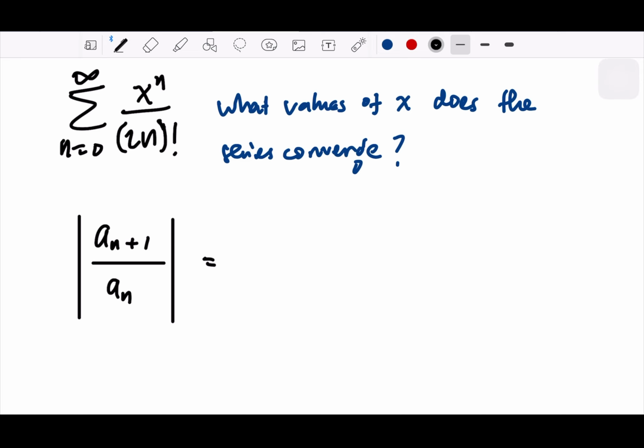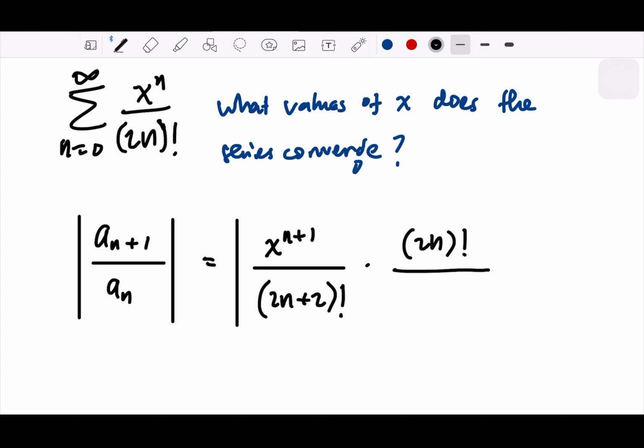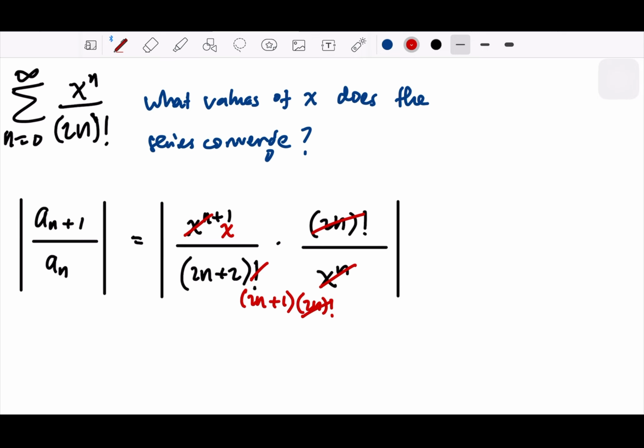So we check a n plus 1. This will be x to the n plus 1, and then 2n plus 2 factorial. This is 2n factorial, and x to the power of n. Then we solve: this is just x, this cancels, this cancels, and we have 2n plus 1 here. This is actually 2n factorial, and we cancel this.